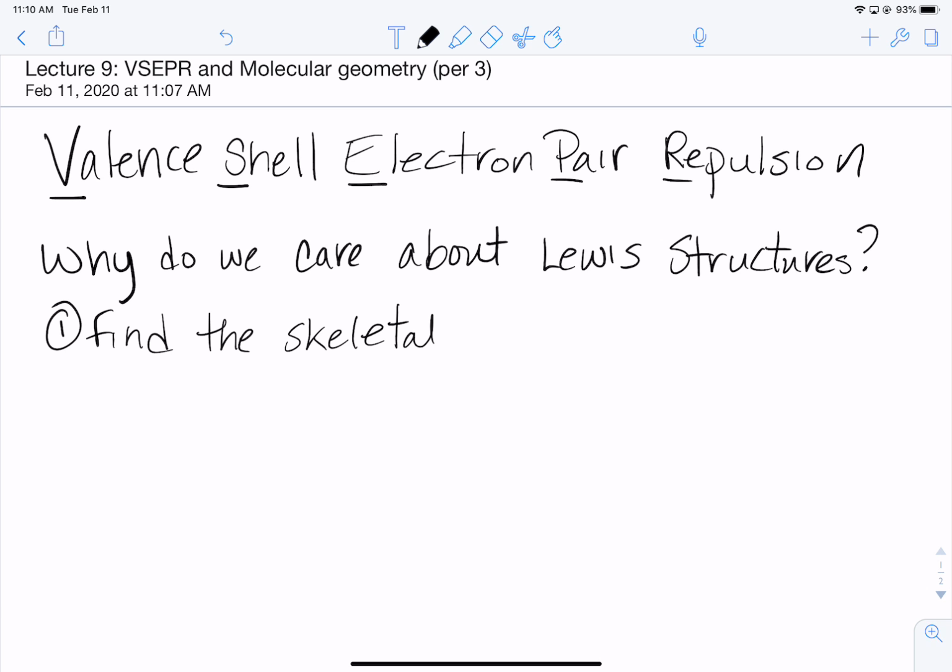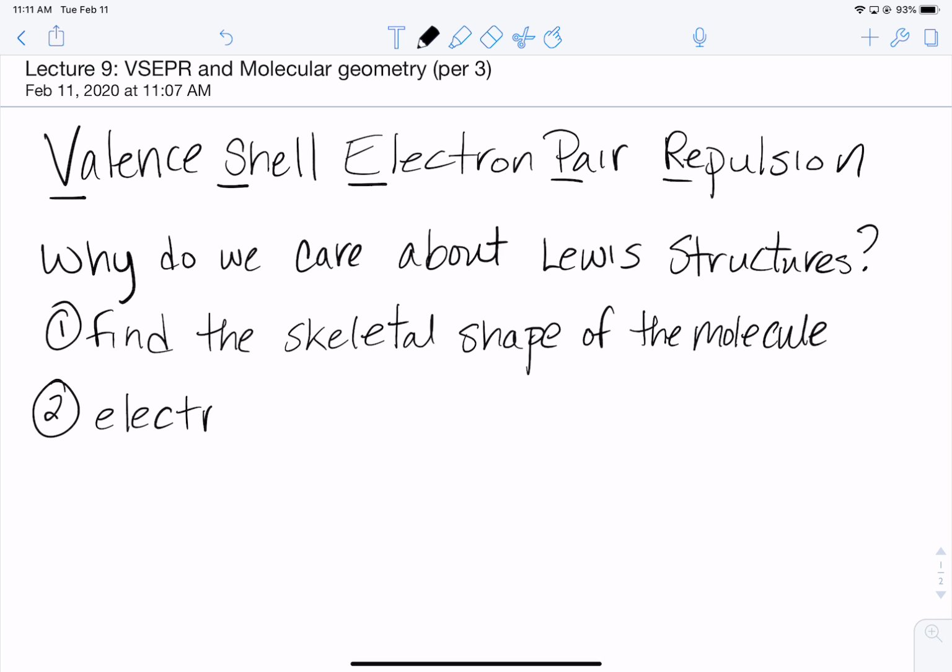And from the skeletal shape, we can figure out what's called the electron geometry. This is the number of electron clouds around a central atom. And then from the electron geometry, we can figure out the molecular geometry. This will make a little more sense in a minute.